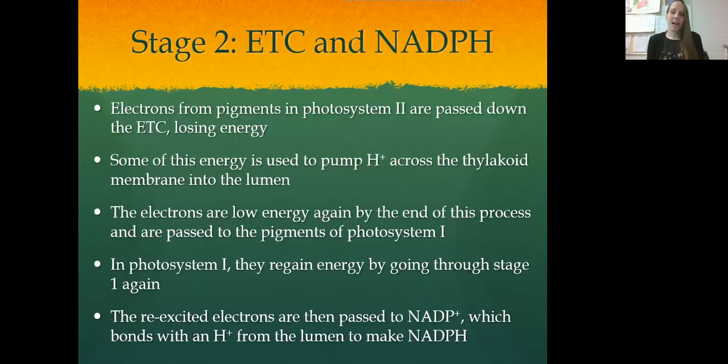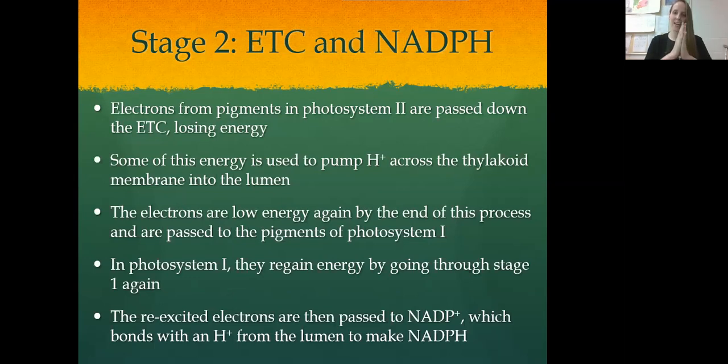So electrons actually start out in photosystem 2. The photosystems are called photosystem 1 and photosystem 2, but photosystem 2 comes first. Confusing, I know, but photosystem 1, which comes second, was discovered first, and they didn't rename them. Anyway, so the electrons start in photosystem 2.